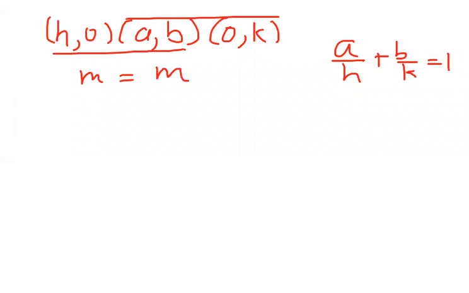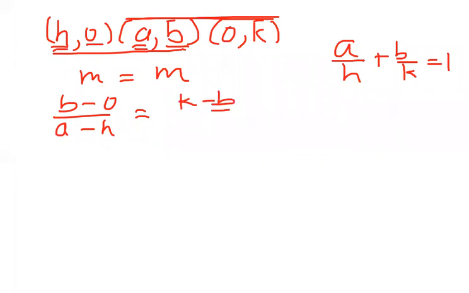Now slope is (y2 minus y1) upon (x2 minus x1). Taking y2 minus y1, b minus 0, upon x2 minus x1, that is a minus h, is equal to, now taking these two, y2 minus y1, that is k minus b, upon x2 minus x1, 0 minus a.